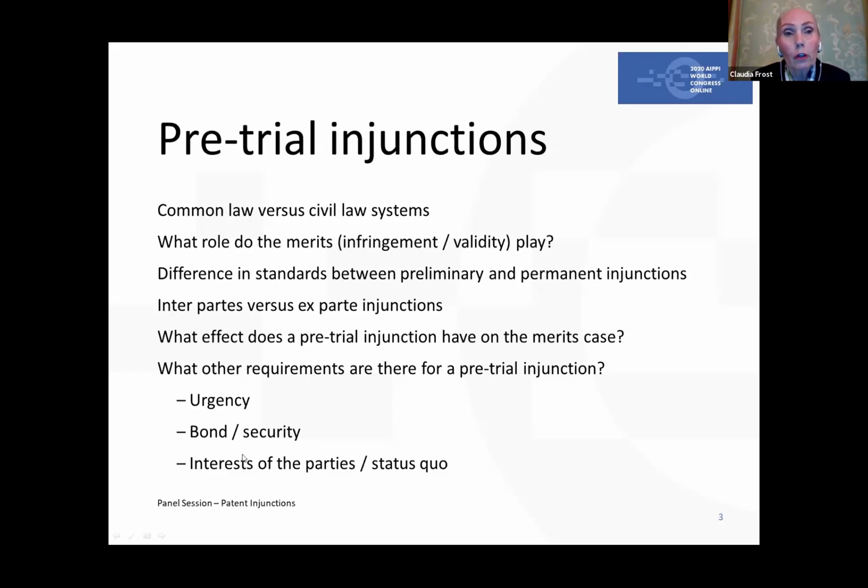The amount of security, though, is totally within the discretion of the court. So a court can exercise its discretion and say, I am considering the issue of security and I'm determining that none is required. That's not common, but that is possible.